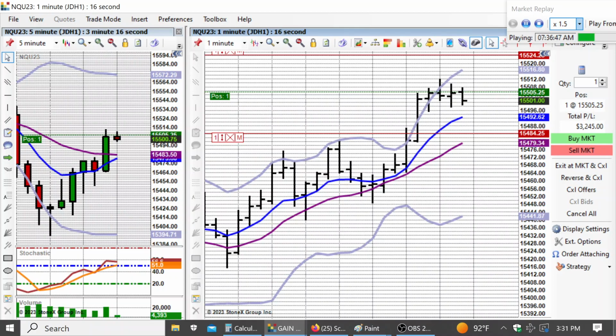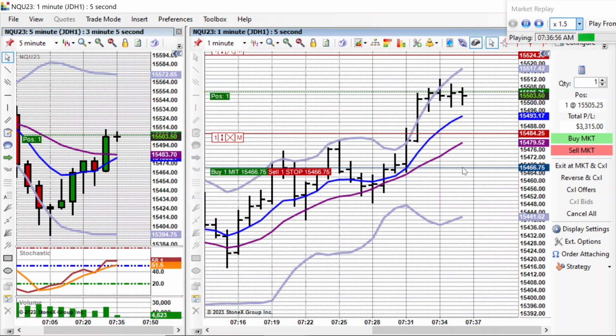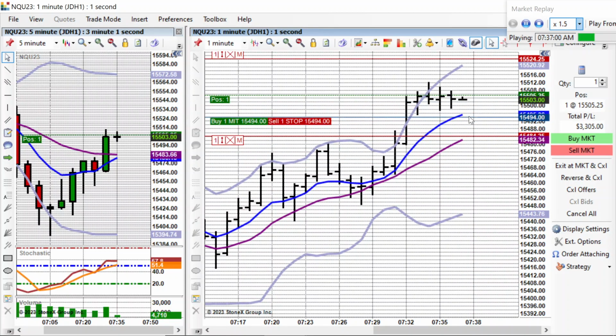Already I can tell that was a bad entry. See, I entered at the up close here. I just wanted to get in on it. So that was probably not a smart move here, because look how far away it is from the 80 MA line.